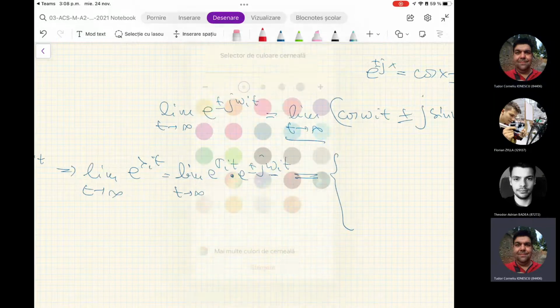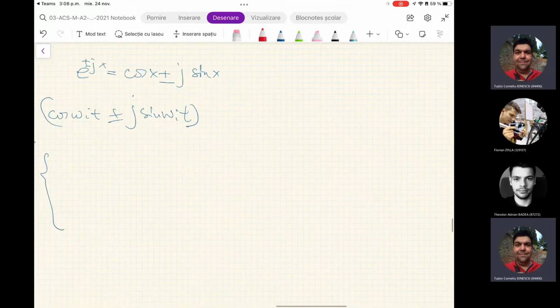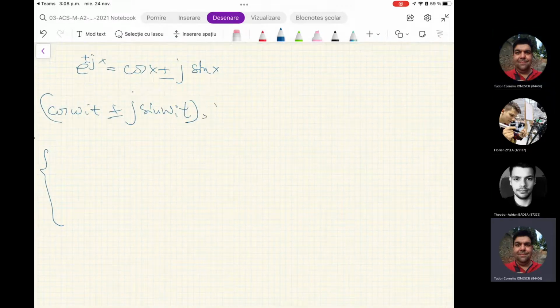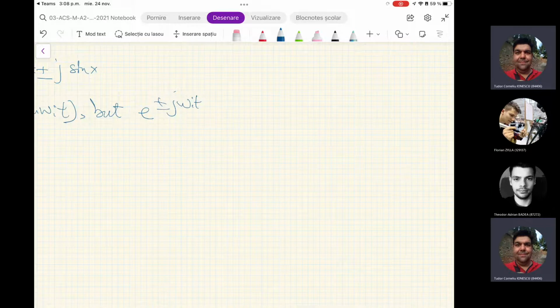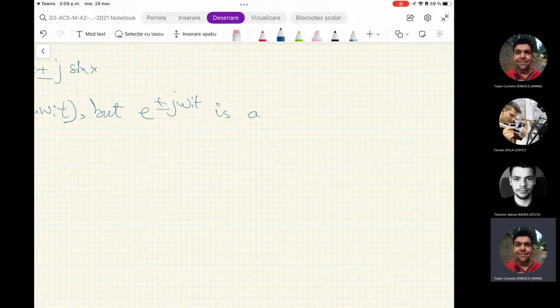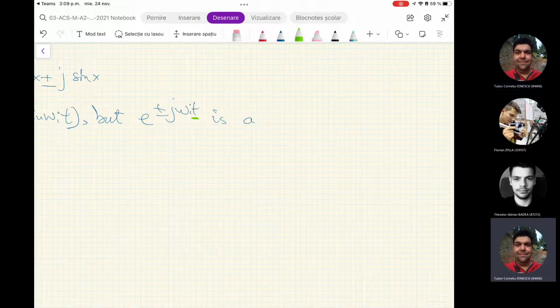Very well. It doesn't exist, of course. But there is a but. E to the power plus minus j omega i t is what as a function? How's the value of the function with respect to t?